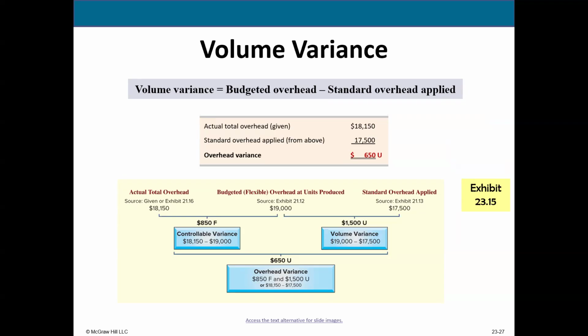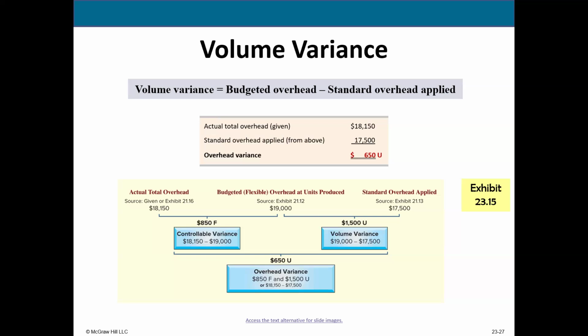So just as before, to find the actual, we take the actual price times the actual quantity. For the standard, it's the standard price times the standard quantity. To find the variance, the actual rate times the standard quantity gives us that flexible budget amount.